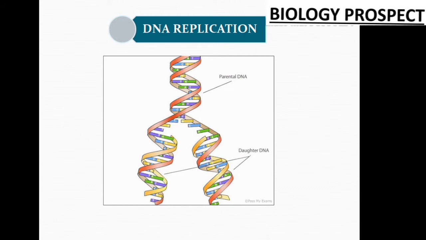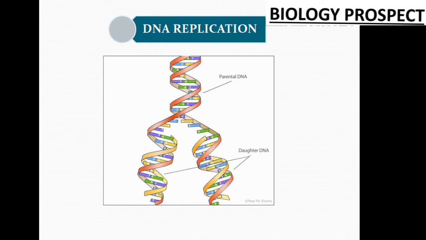That means one parent DNA, as you have seen on the slide, and after that in the particular helix structure, whenever any helical part breaks, it starts the formation of a new daughter DNA. This procedure is known as DNA replication.